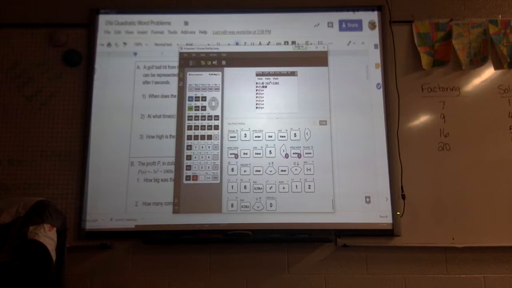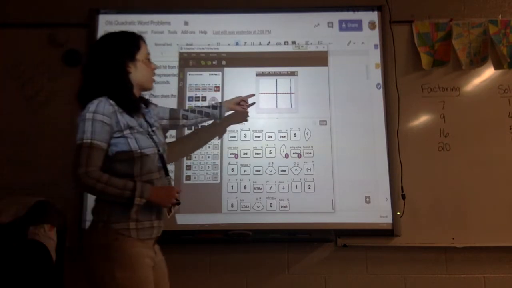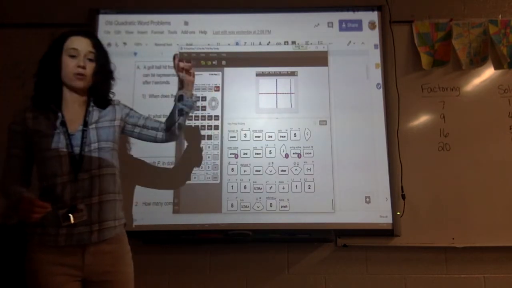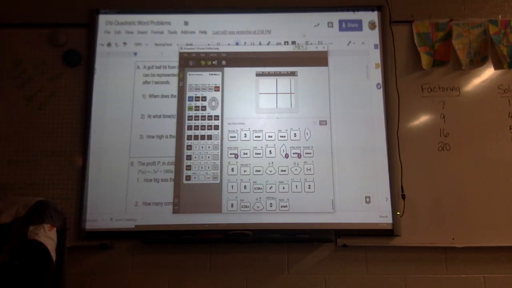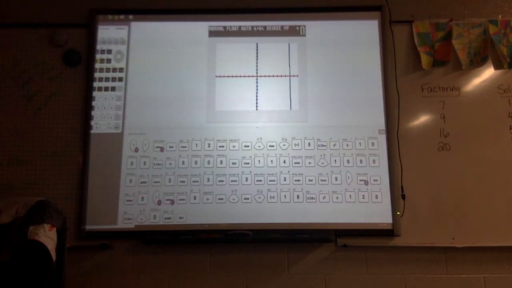So I put 0 in the second line, and then I go look at the graph. So hopefully yours looks like mine. I can see that it intersects in 2 different places, and I want both of those intersections. So I go to second trace. I choose intersect. I'm going to get the one on the left first. If you want to get the one on the right first, that's fine.